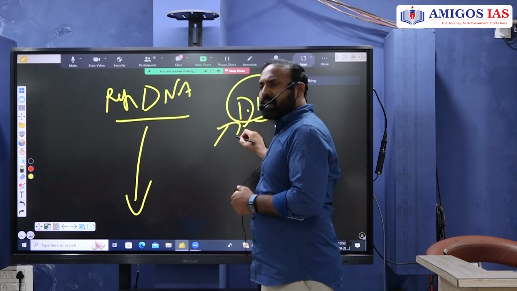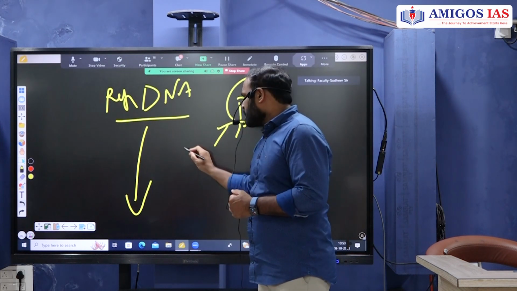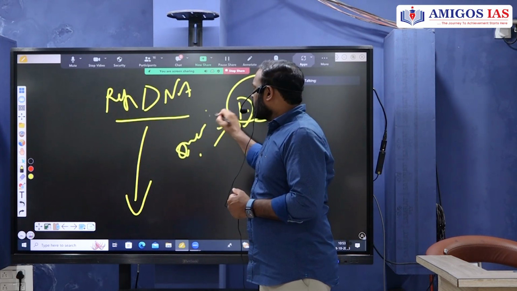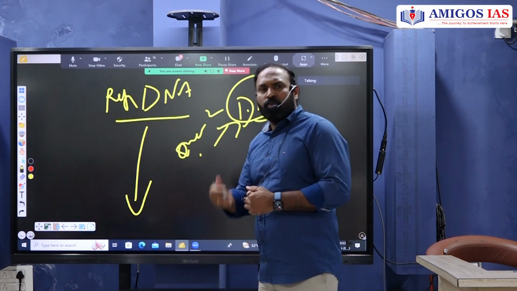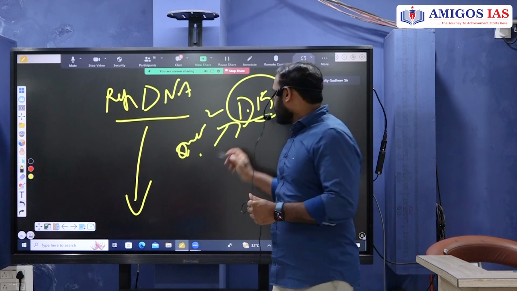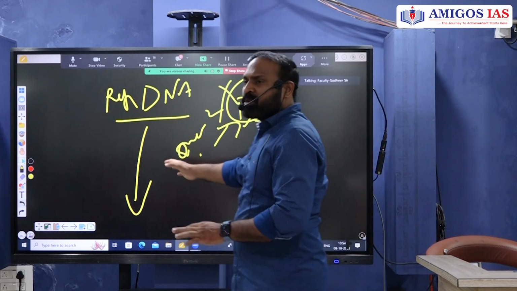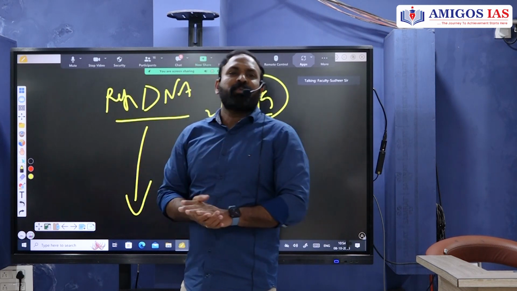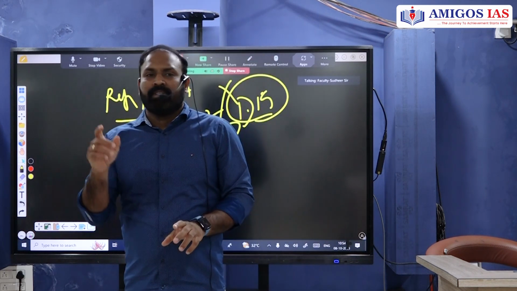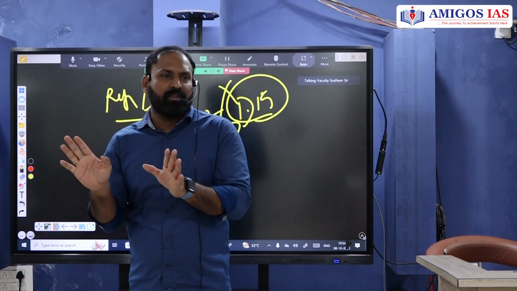Importance should be given to the diagram, the process of DNA replication, and for each stage mention 1 or 2 lines. But most of the students give more priority to writing lengthy paragraphs and end up without drawing the diagram. Since I am referring to presentation, what is presentation? You need to address the demand of the question, right?